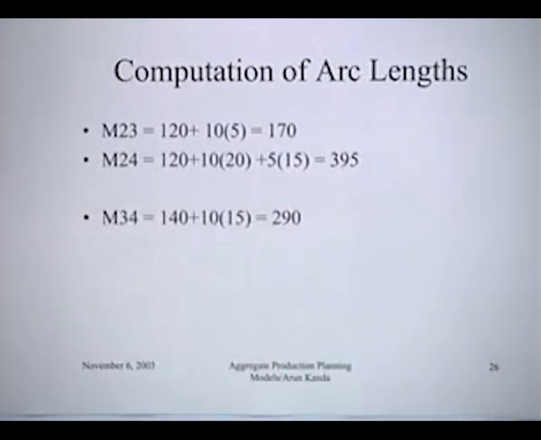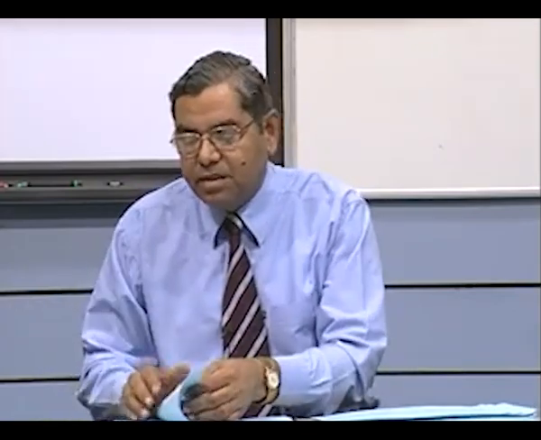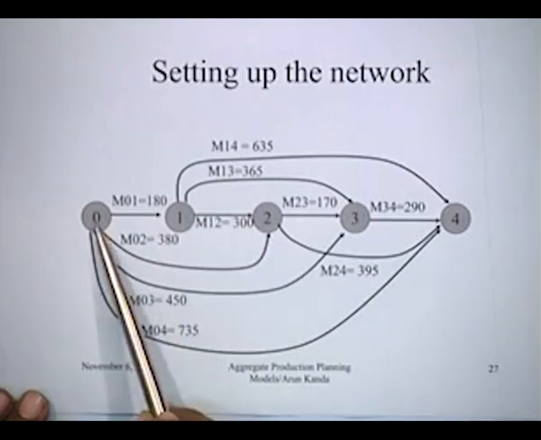So I think up to now, the only thing that we have done is, for the network that we defined, for each arc we have computed the length based on the definition of MJK, right? And I just illustrated to you how it is to be done. So if we do that, the next thing would be that on the network which we had set up, we will write these lengths that we have calculated. This is M01, the arc going from 0 to 1.